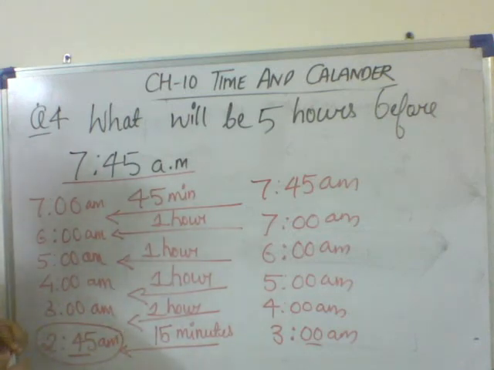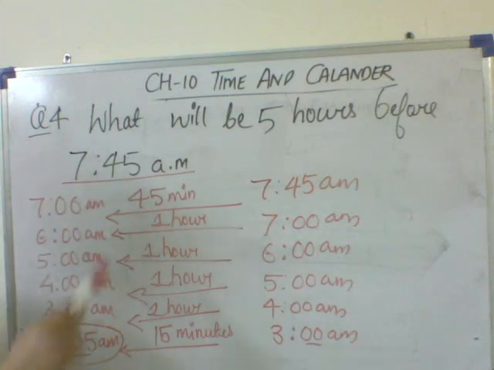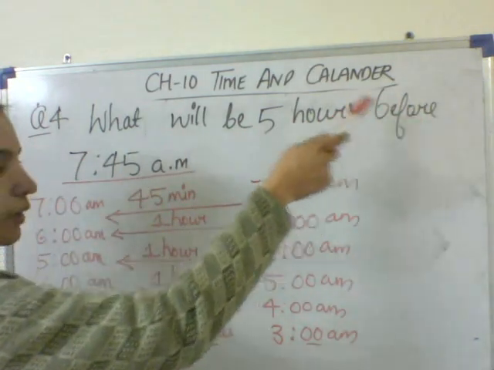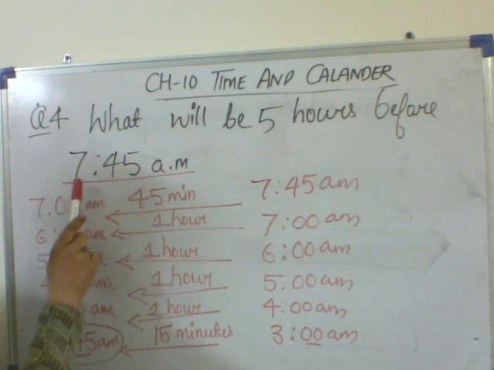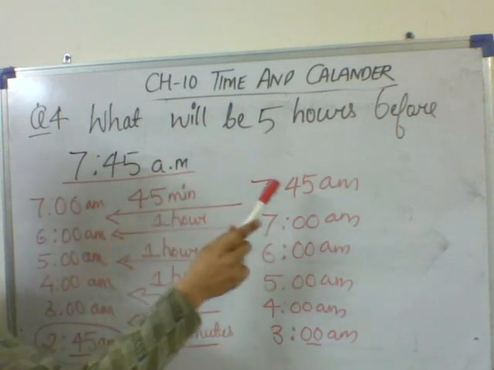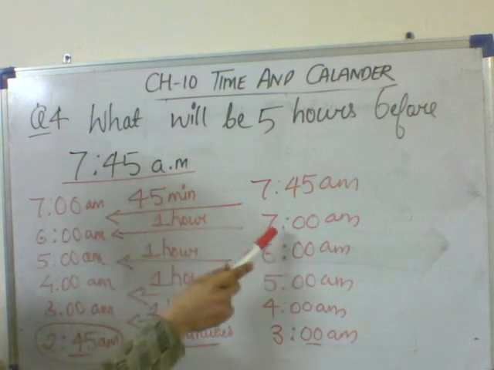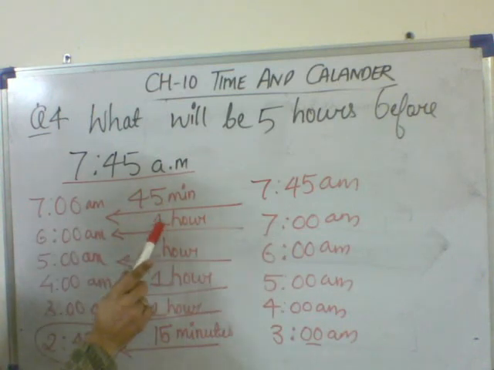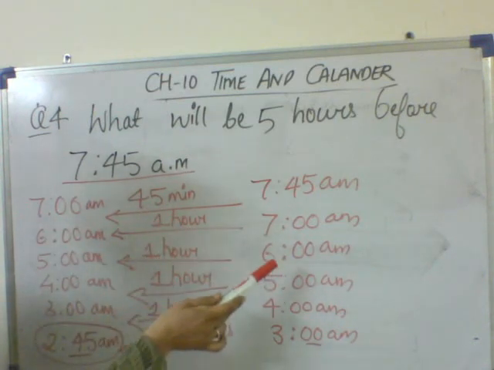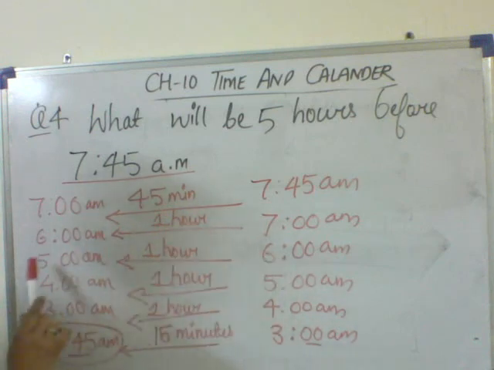So again let us revise this question. What do you have to find? What will be 5 hours before? Here the timing is given, that is 7:45 a.m. So from 7:45 a.m. to 7, 45 minutes are there. From 7 to 6, 1 hour. Here you have to do the reverse counting, backward. 6 to 5, 1 hour. 5 to 4, again 1 hour. 4 to 3, 1 hour.